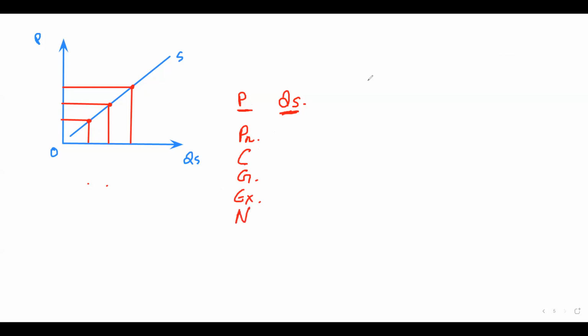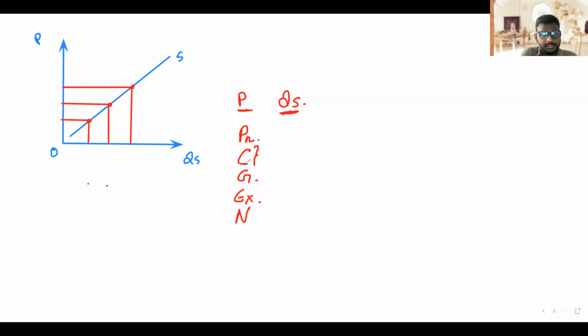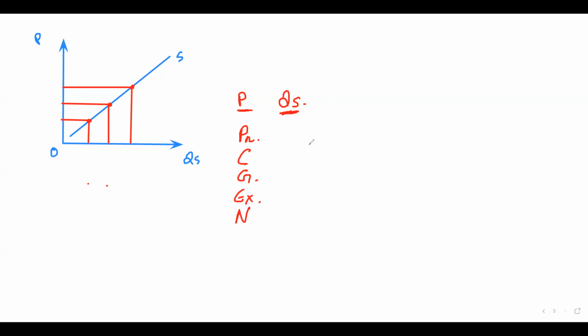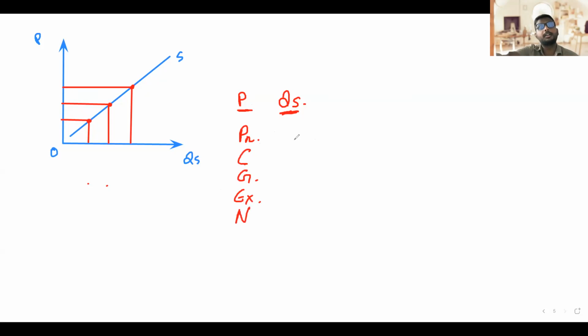What else? Cost of production, I think it's given here. Anything else? You can think of consumer taste and preference. But consumer taste and preference is a determinant of demand. Here we are talking about supply's determinants which will remain unchanged.